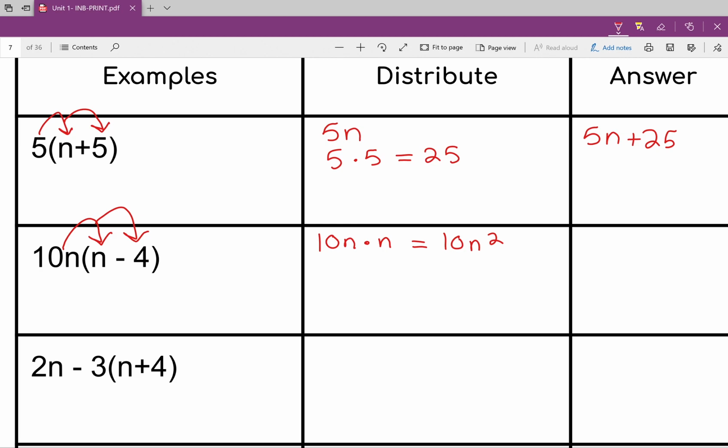If we multiply two variables together, they become squared. Next, I have 10n times negative 4, which is equal to 10 times negative 4, which is negative 40, and I carry that n over. So my answer is going to be 10n squared minus 40n.